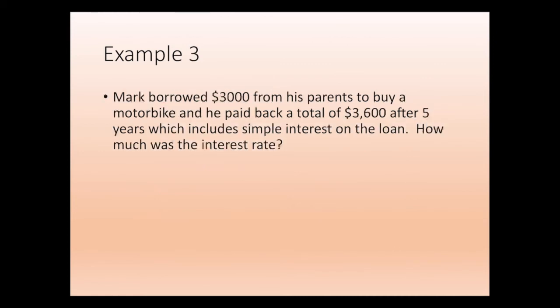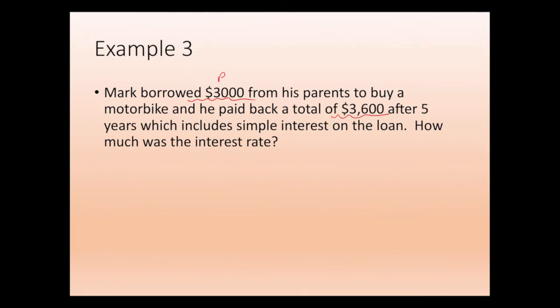For the next one, we are looking at someone who has borrowed money from his parents to buy a motorbike. So this is the principal, and this is the final amount that he paid his parents. And T is 5.